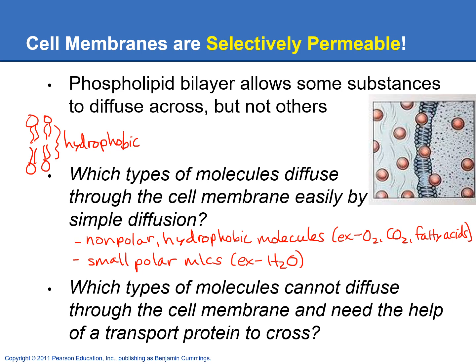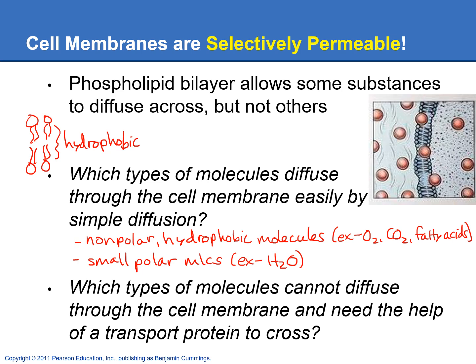So water can diffuse through the cell membrane. It's kind of slow diffusing across, and it is faster to move across the cell membrane if you do use a transport protein for water, but water can diffuse across the cell membrane.